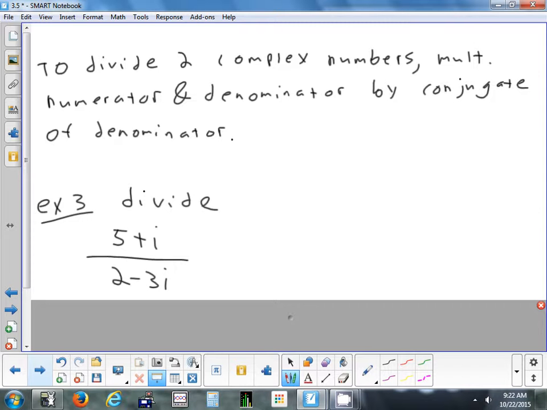So in this case, we're going to multiply the top and the bottom by 2 plus 3i. Any questions on why it's 2 plus 3i? That's the conjugate of what's in the bottom.